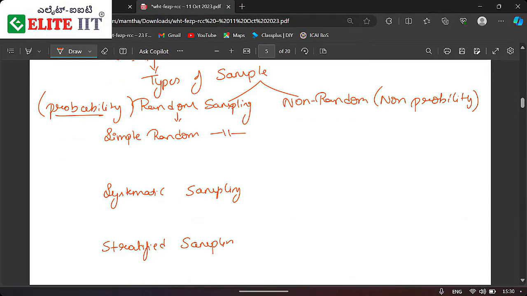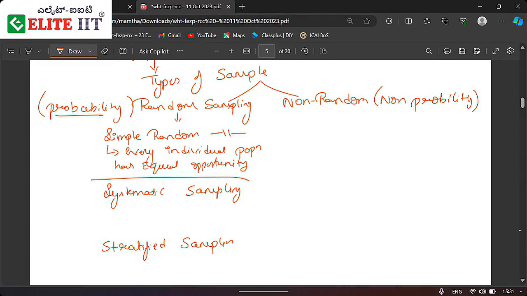If 100 people are there, all 100 people have an equal opportunity, and every single person has the ability to come as the sample for the particular test. So you can write it as: every individual in the population has an equal opportunity to get selected as the sample. That is what simple random sampling says.